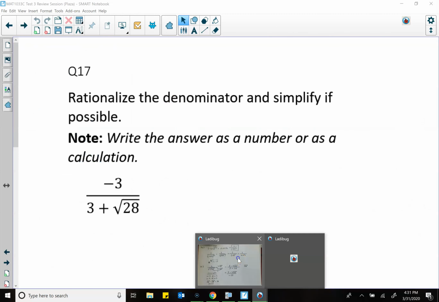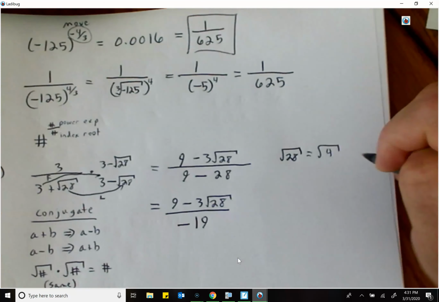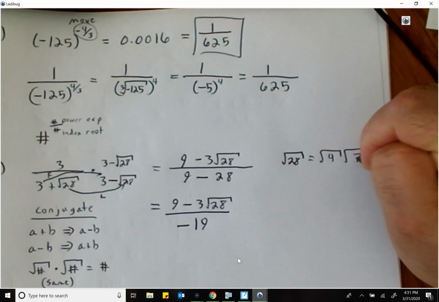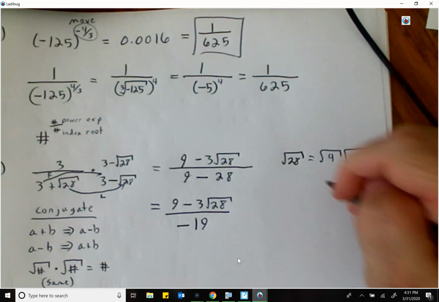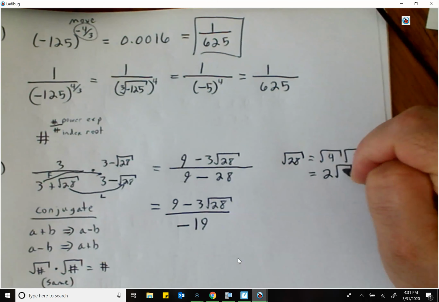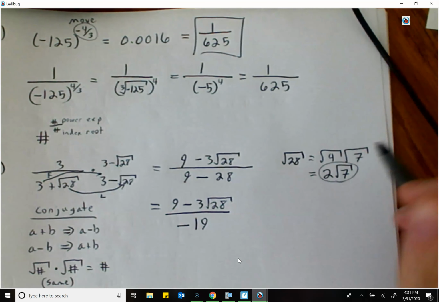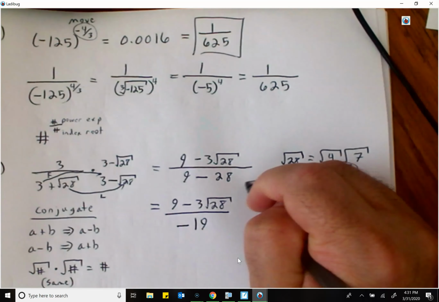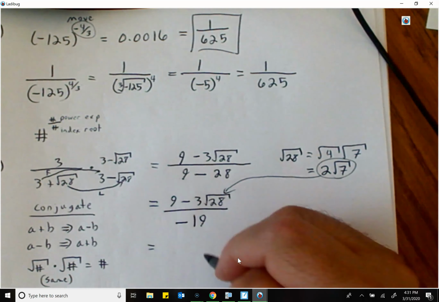So this radical does break down into the square root of 4 and the square root of 7, because 4 times 7 is 28. What is the square root of 4? Well, that's 2. Square root of 7 stays because it's not a perfect square. It has to stay. So this piece right here is going to come in and replace that radical of 28.